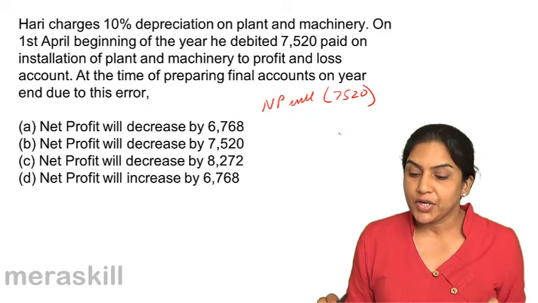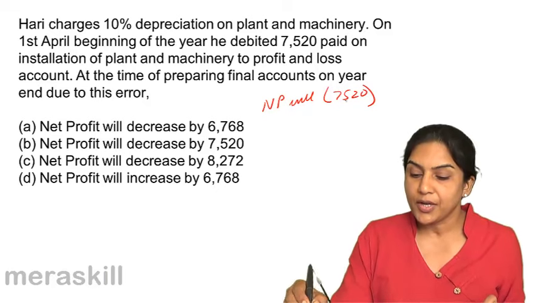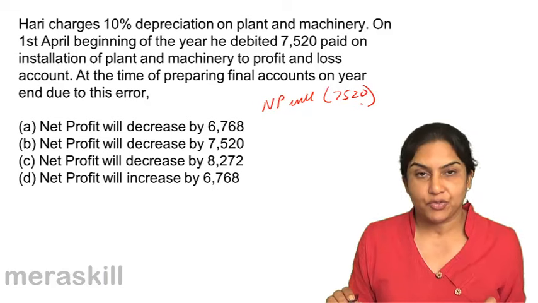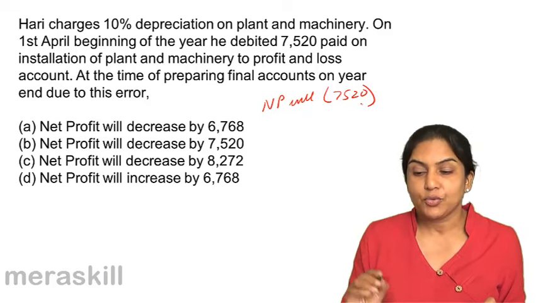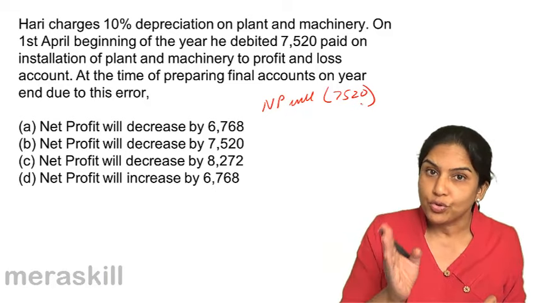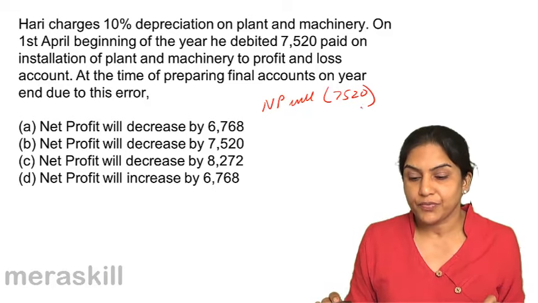Now, because of this error, your profit is down by 7520, right? If you had taken this correctly to plant and machinery and there was no depreciation, the net profit would have been down by 7520.